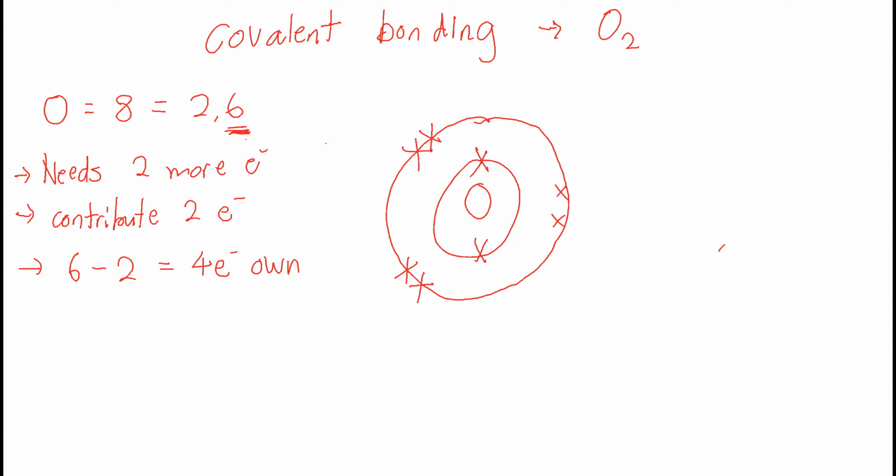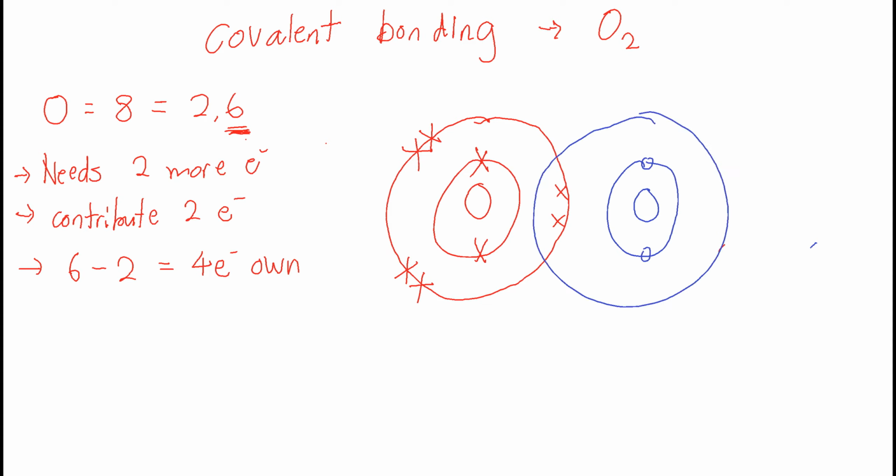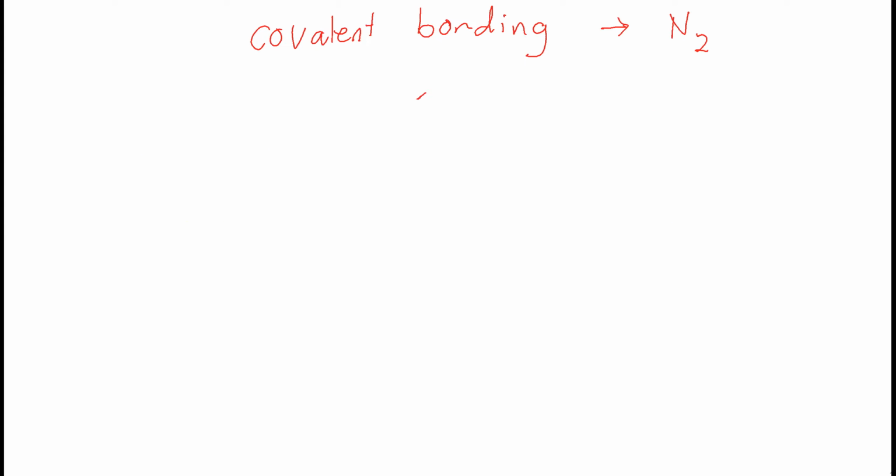Next, we draw the other oxygen atom having the exact same configuration. So 2 electrons in the inner shell, followed by 4 electrons of its own, 1, 2, 3, 4, and then 2 electrons in the bond. So this is the complete electronic structure of the oxygen molecule.